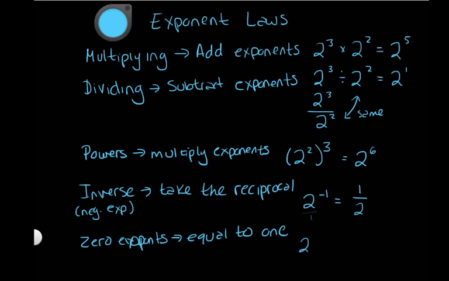Remember that for this, the exponent is really 1, because if we don't write it, it means there's a 1 there. What I'm talking about is if we have 2 to the power of 0. So 2 to the power of 0 is equal to 1, no matter what it is. If it's 63 to the power of 0, it equals 1. So those are our exponent laws that I need you to be aware of as we get into this unit.